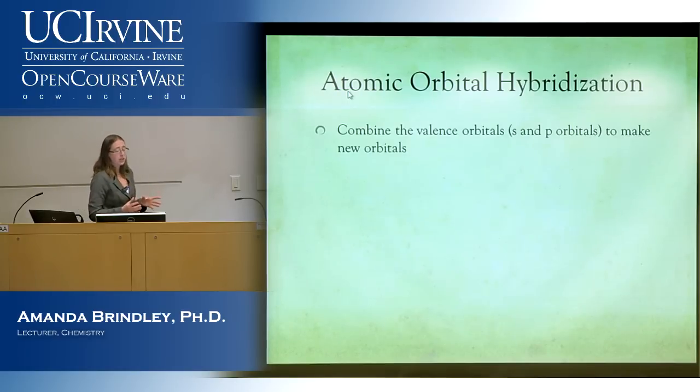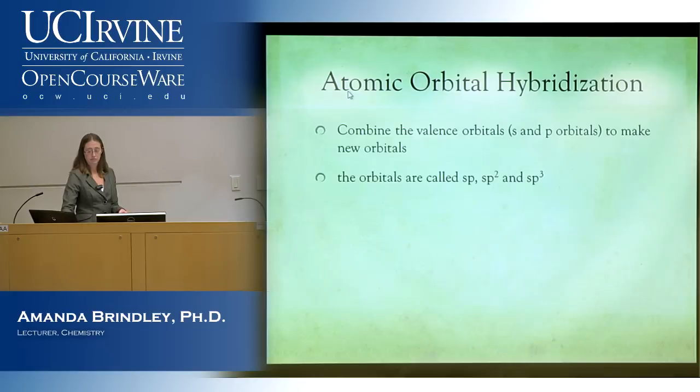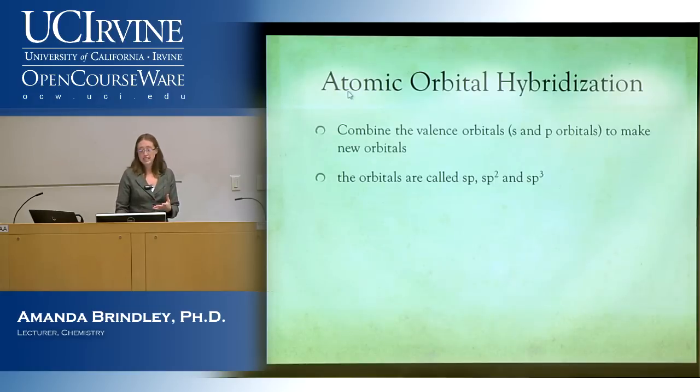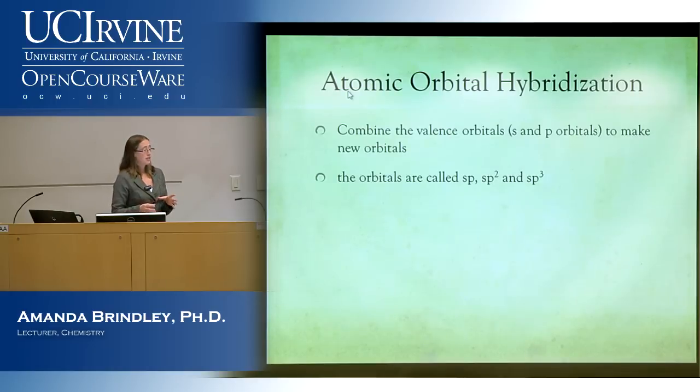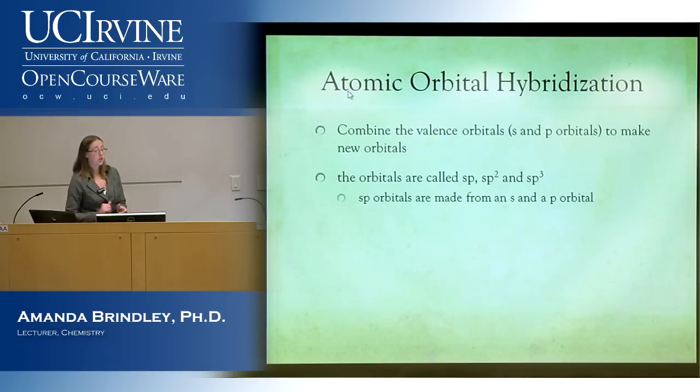So in this system, what you're doing is you're taking your s and p and d orbitals, you're combining them together, and you're making all new orbitals out of it. Now, what these orbitals are going to be called is sp, sp2, sp3, and when we get there, sp3d, and sp3d2, okay? So it's sort of taking all of these atomic orbitals, combining them together, making them look a little bit different now because they're a combination of the other, and then using those to bond with.